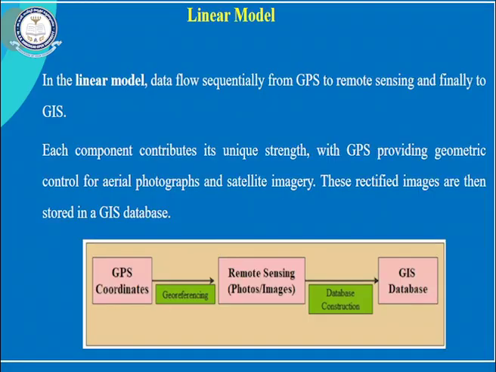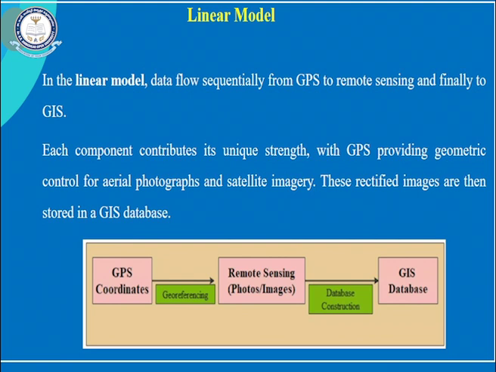Each component contributes its unique strength, with GPS providing the control for aerial photographs or satellite imagery. These rectified images are stored in the GIS database. GIS plays a dominant role as the final destination where all spatial analysis and modeling occur.